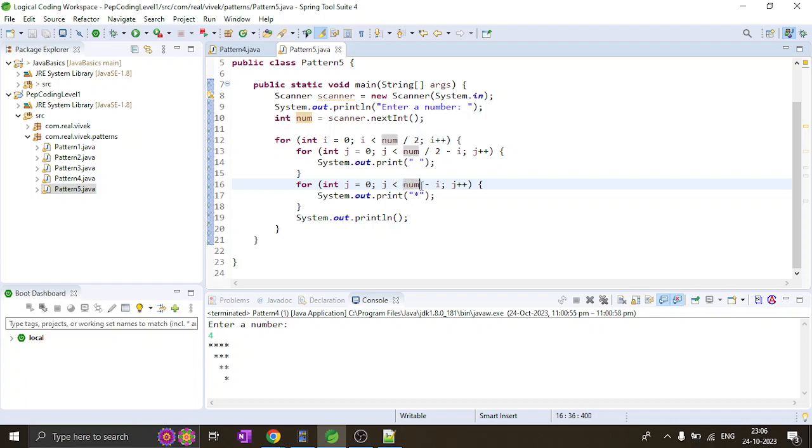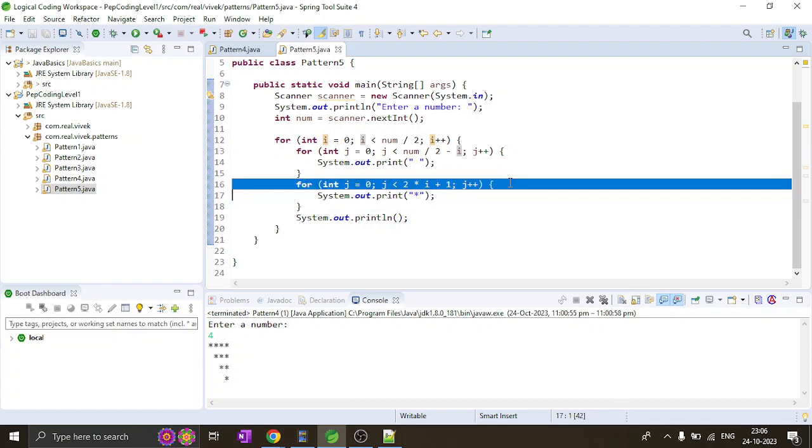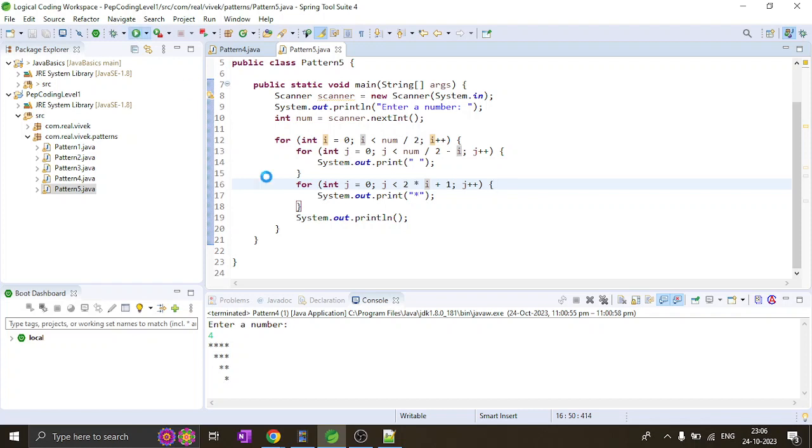And let's see the logic for this. Like we want to print 2 into I times number of stars, right? So hopefully this prints the first half of the pattern that we want, right?